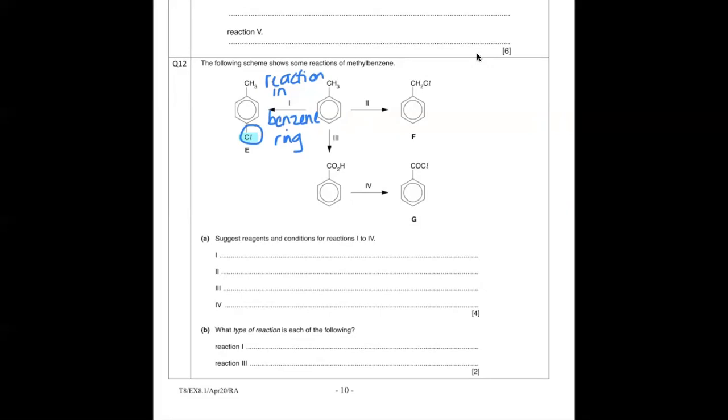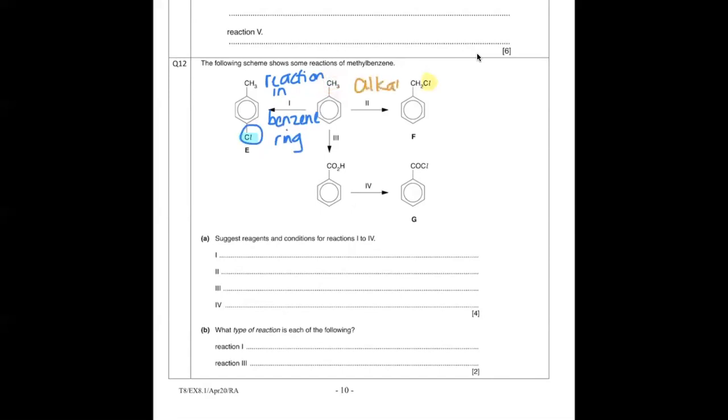Now, if we look at reaction number 2, the changes that have been made are on the chlorine. The chlorine has been added into the alkane. Okay, this is an alkane group. I know it's an alkyl group, but because nothing is happening in the benzene ring, we just focus on this alkyl group, which is essentially an alkane group. Okay, so this reaction is a reaction in the alkane.